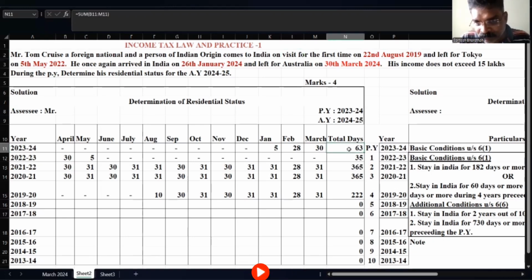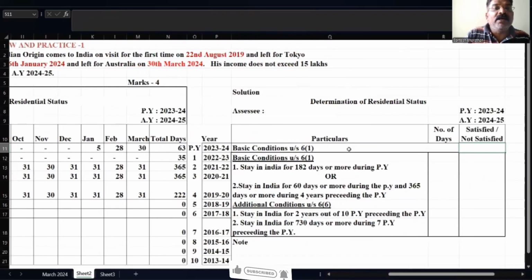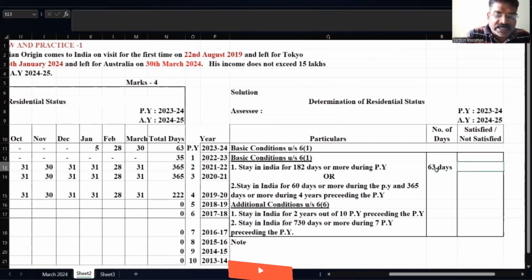So we come back here. In this case, Tom Cruise, in the previous year 23-24, is staying only 63 days. So what do we consider, whether he is a resident or a non-resident? We come to the determination of the residential status chart, where the first condition is not satisfied. 63 days, I mention 63 days, and here I'll mention not satisfied.